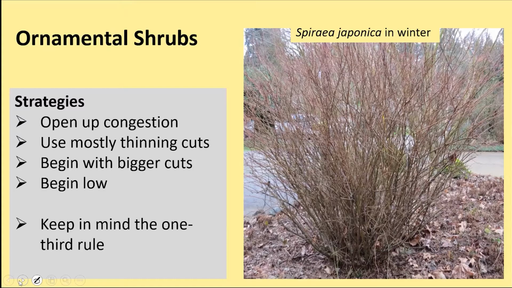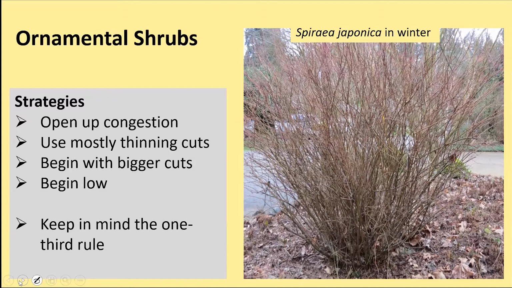If we want to open up the congestion, we have to use thinning cuts. Remember, because thinning cuts will remove a branch from its point of origin and open up the plant, while heading cuts will make the plant bushier. And what we want to do is begin with the biggest cut. And to find the biggest cuts, we have to go low, as close to the ground as we can get to.